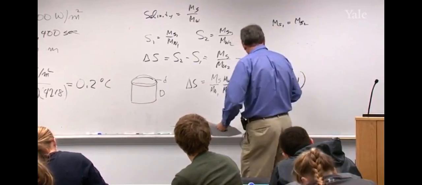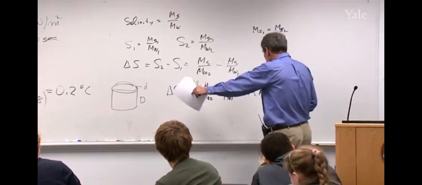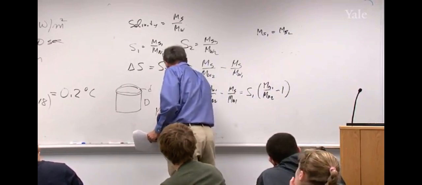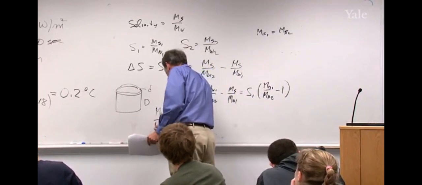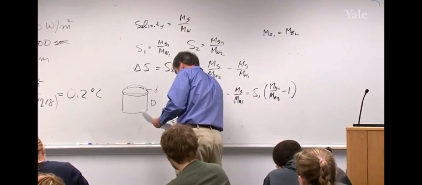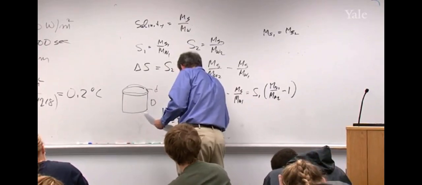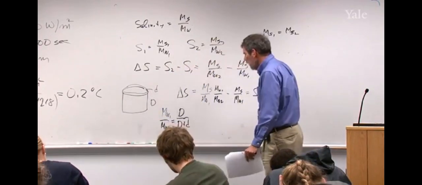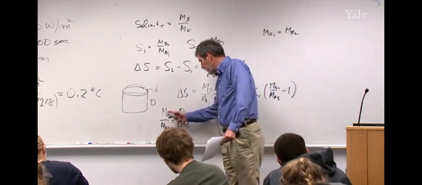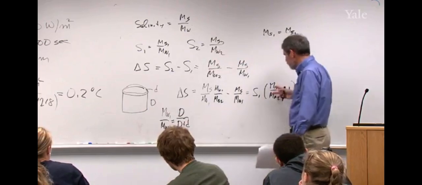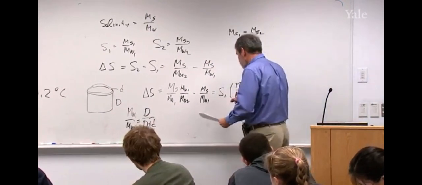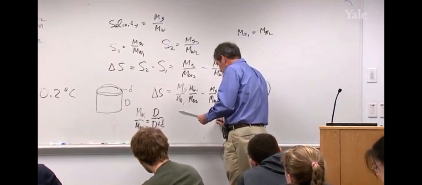With that geometric interpretation, I can write the ratio in my formula, MW1 over MW2, as being capital D over capital D plus little d. In other words, I'm just adding water, and that's going to change the mass ratio before and after. That allows me to rewrite this formula finally.